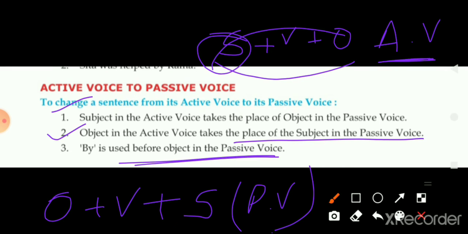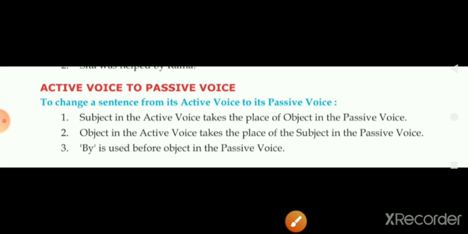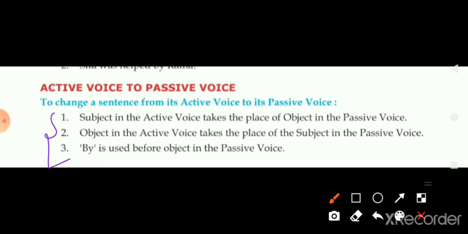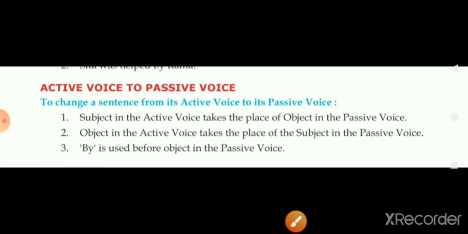So the structure of the sentence is object plus verb plus by, and then we write the subject. Children, understood? These are the things we have to do to change active voice to passive voice. Okay, now let's continue.